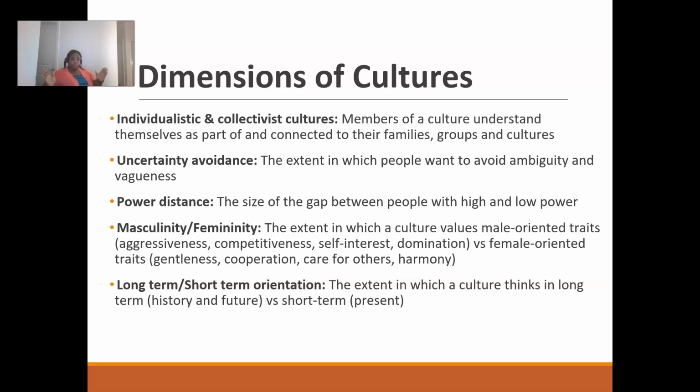But in cultures with low power distance, although the hierarchy is still there, the gap between the behaviors and viewpoints of the person at the top and the lower part of the hierarchy is not as wide. So there might be more dialogue and more egalitarianism between the two, versus high power distance cultures.